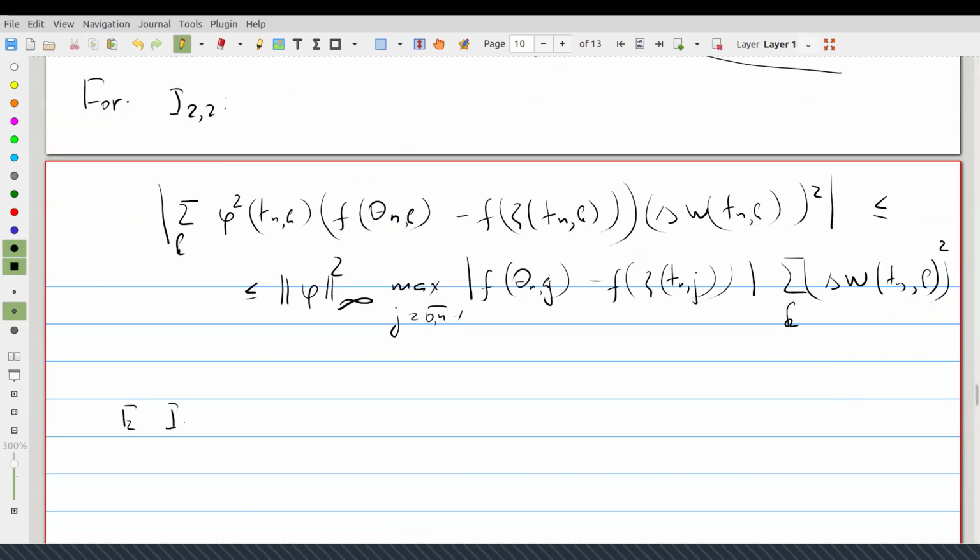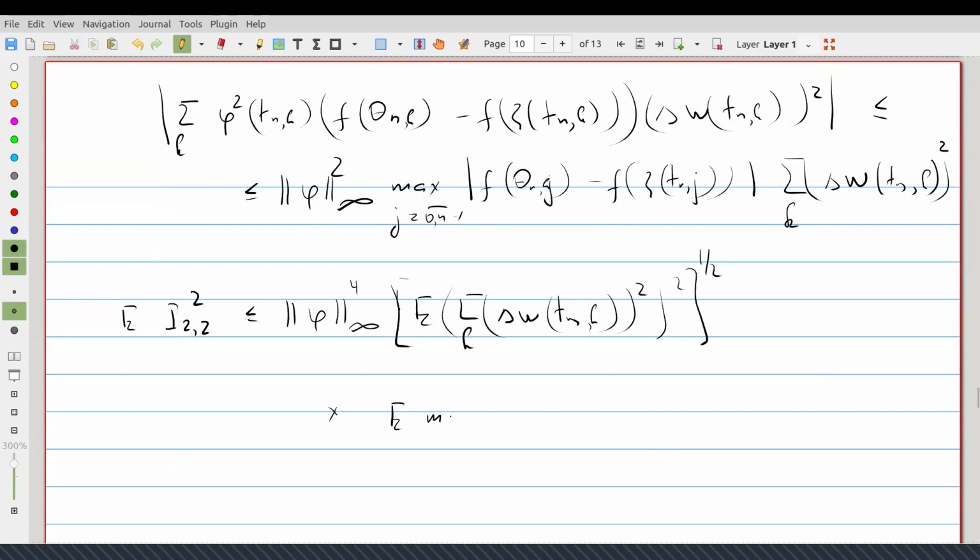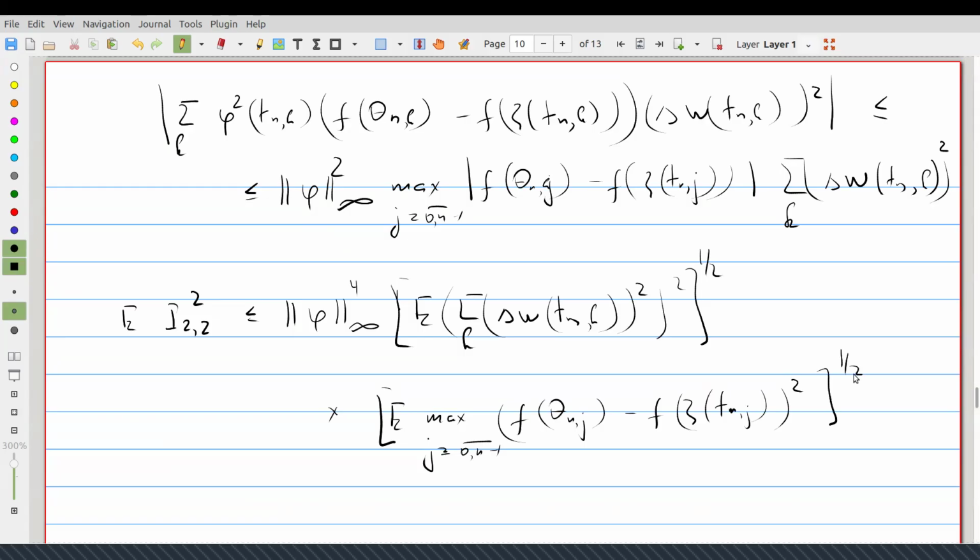So the mathematical expectation of the square of this expression is less than, to the power effectively 4, the mathematical expectation of the sum of w t n k squared, by the Cauchy inequality, times the mathematical expectation of the maximum over j from 0 to n minus 1 of these differences, squared, and again to the power 1/2. Now, this is constant.